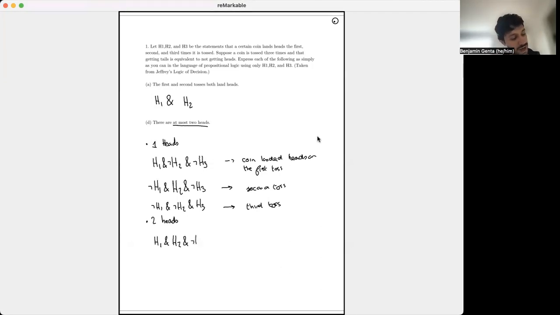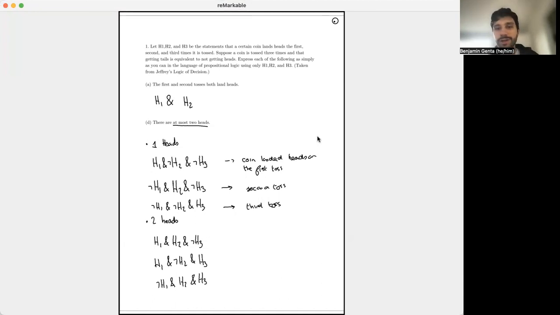So we're going to put not H3. So the coin lands heads, heads, and tails. That's 2 heads. Then we have what? Heads, tails, heads. So we could have H1 and not H2 and H3. And similarly, we might have not H1 and H2 and H3.